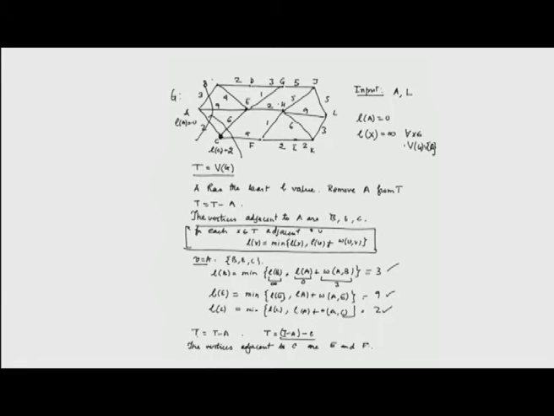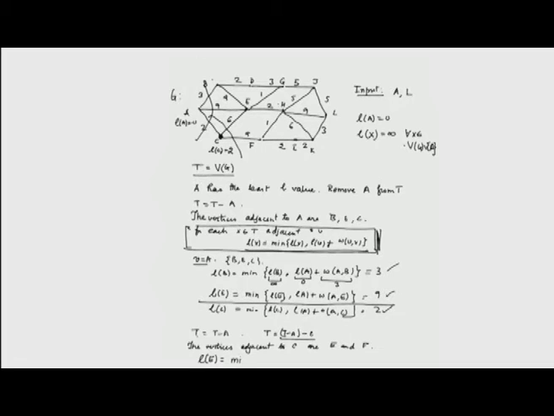Okay. Now, again we will come to this step. For each of these vertices we have to calculate this quantity. So, L of E. Now, we know that E has a label value equal to 9.